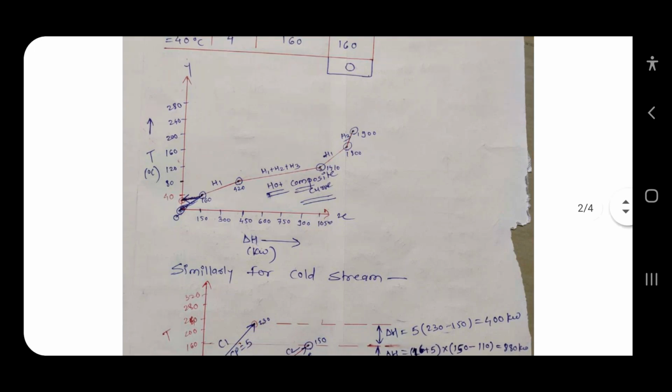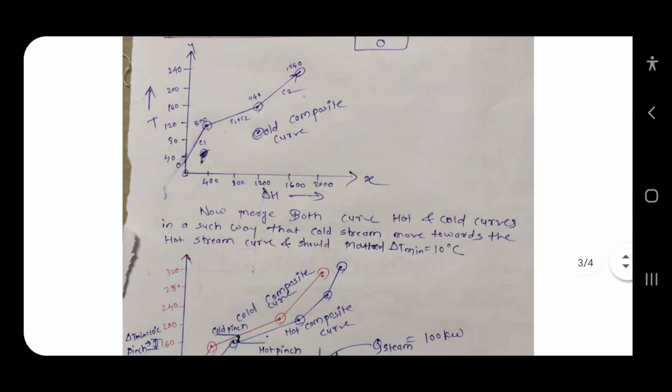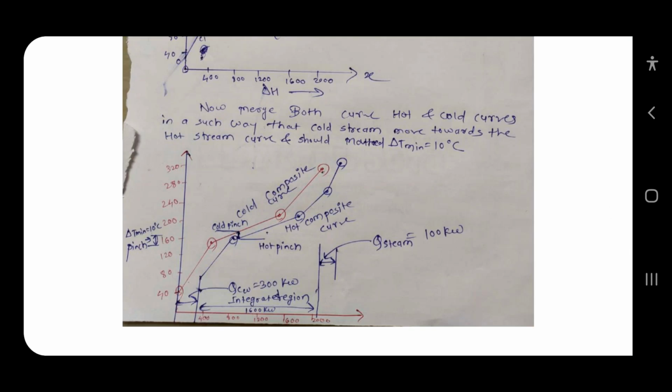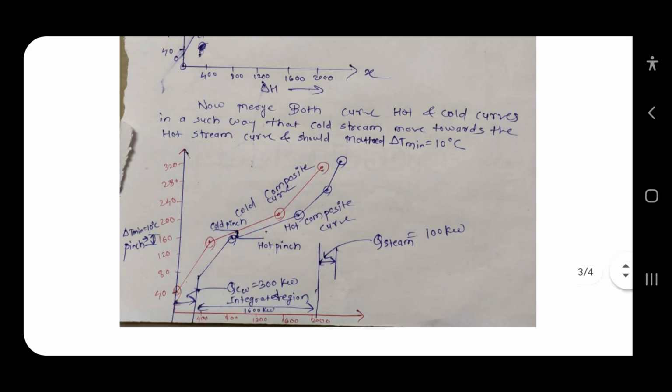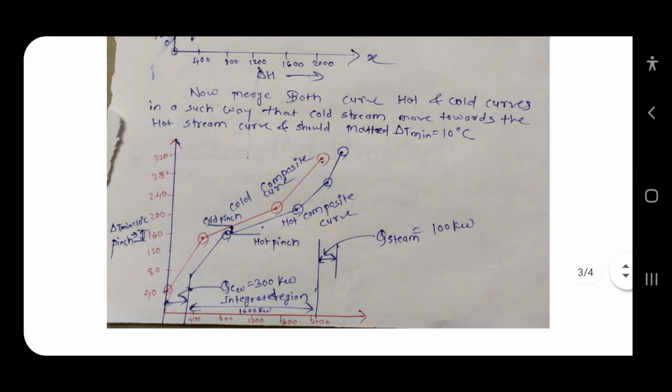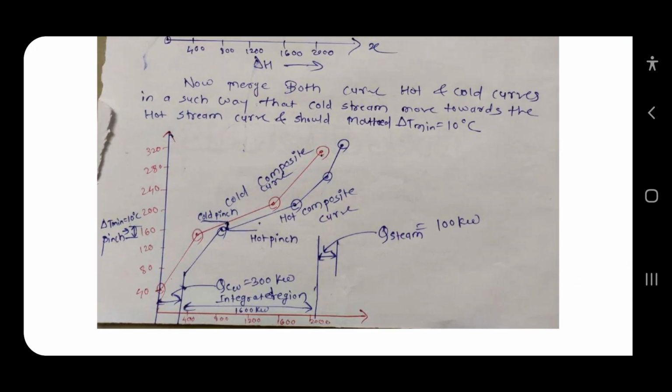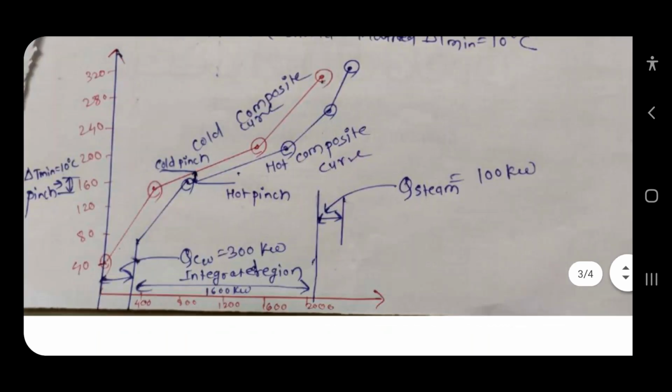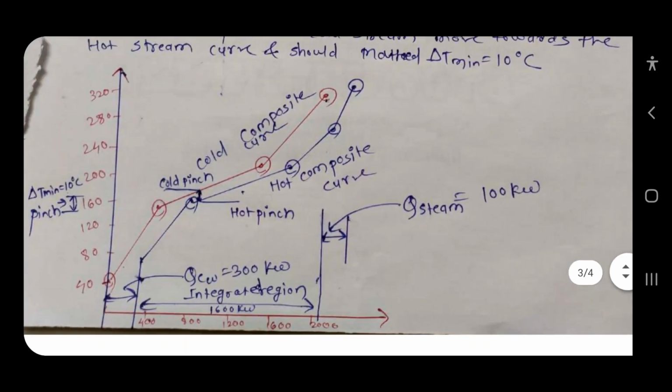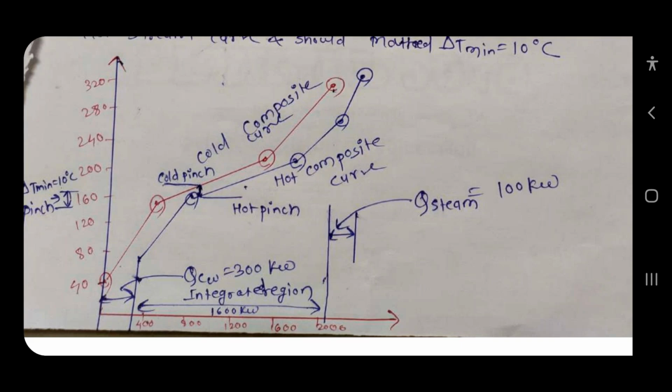The significance of delta T minimum I will discuss later. So there are two curves: one is the cold composite curve, second is the hot composite curve. Where is the closest point between the two curves, there is a close section, that is nothing but my pinch point.